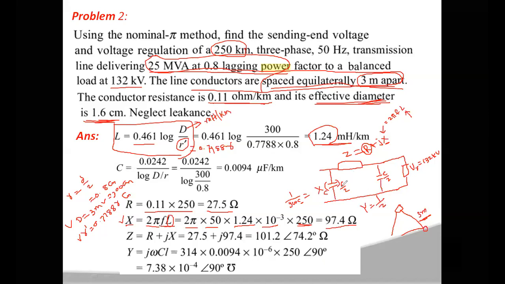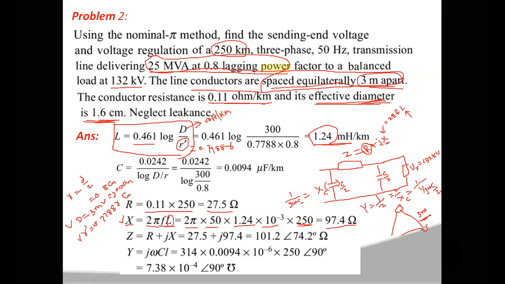As it is a purely capacitive value, this will be equal to the reciprocal of XC, which is 1 by XC, that is 1 by j omega C. So the final value for Y is j omega C, and C here is C by 2, only half of the capacitance, so here also C by 2.